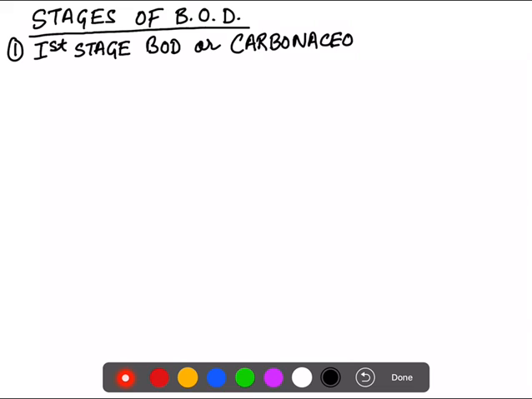First is the first stage BOD, also called carbonaceous BOD, or CBOD in short.